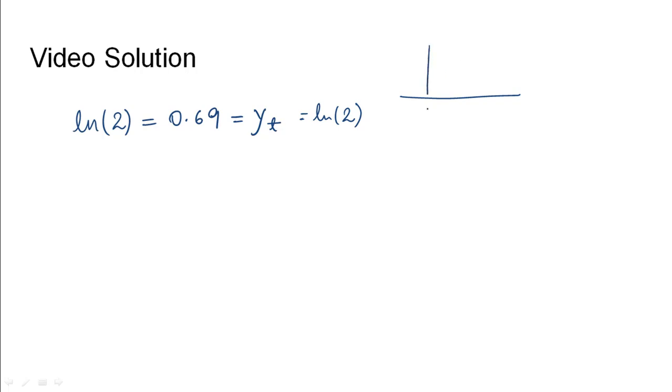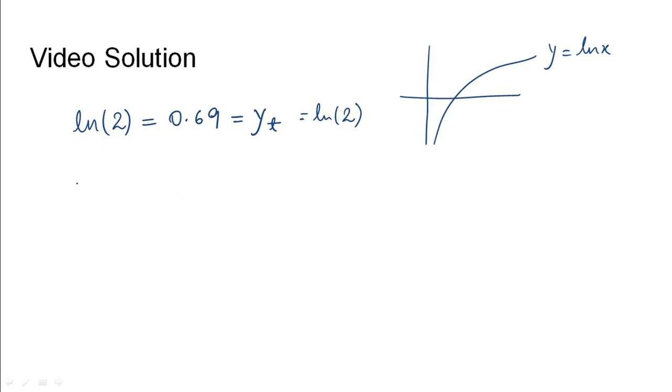Coming to the solution of this question, we have been given the value of ln 2 as 0.69. This is the true value, that is ln of 2, that we will obtain using the function y equals ln x.